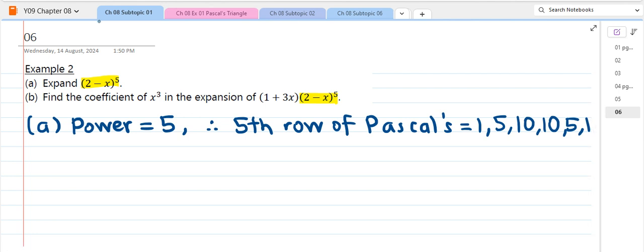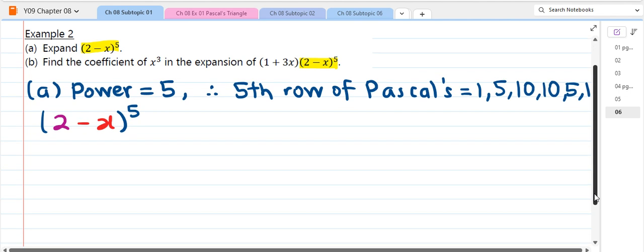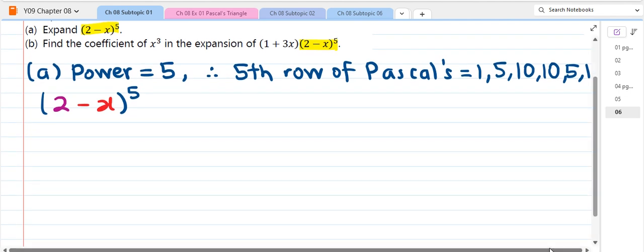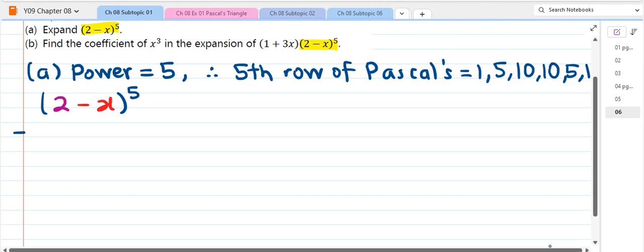So (2 - x) to the power of 5 is going to be quite a long expansion, so I'll begin with a new row. So let's start. The coefficient of the first term is 1 and a is 2, so 2 to the power of 5. Right, that's the first term.